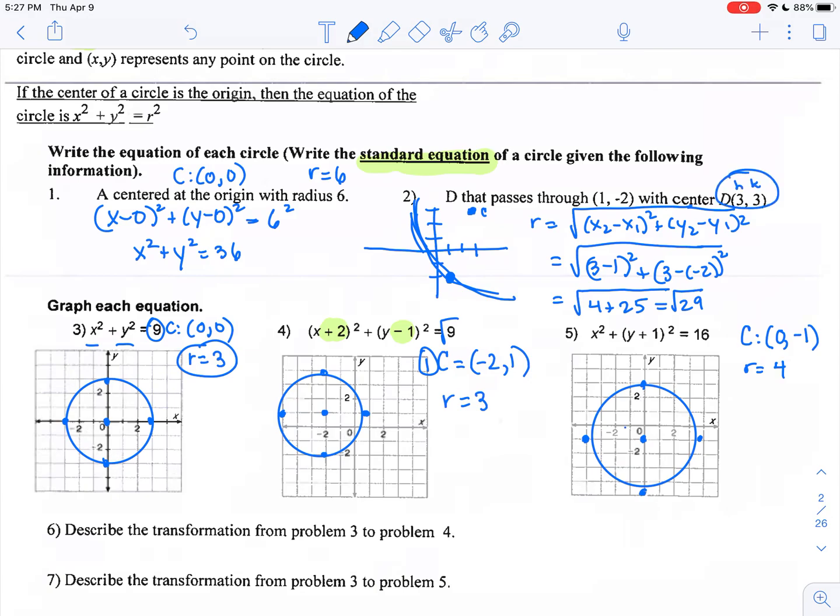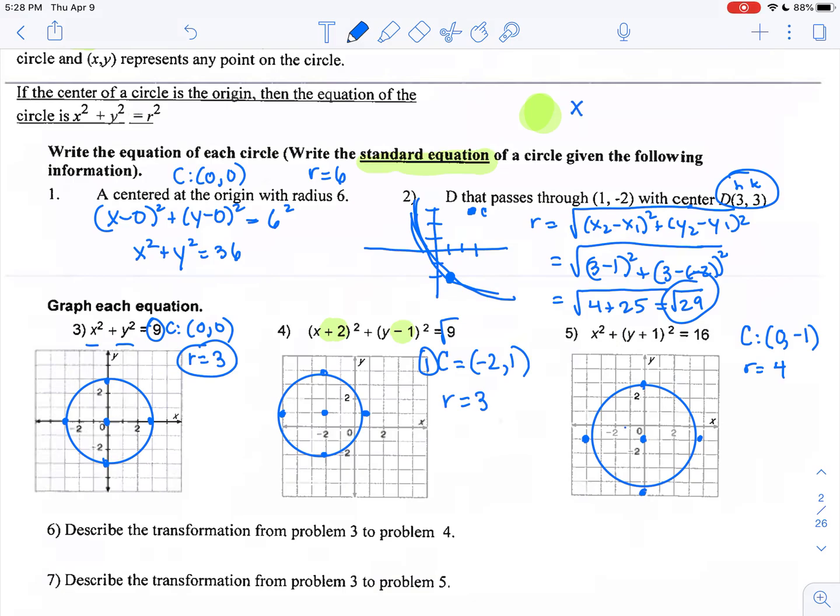When I write my equation, I need my (h, k), which is my center, and my radius is radical 29. Let's start with x, and it doesn't really matter the order here, but we've been working with x first.